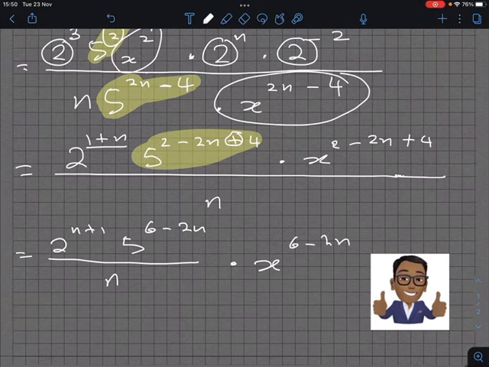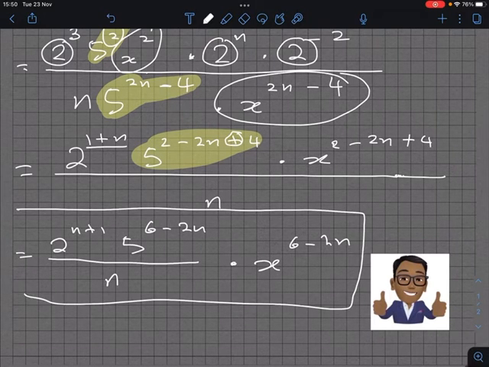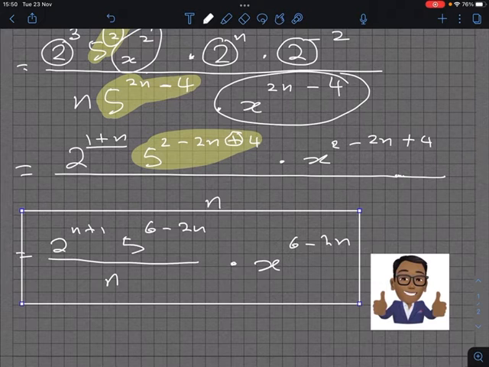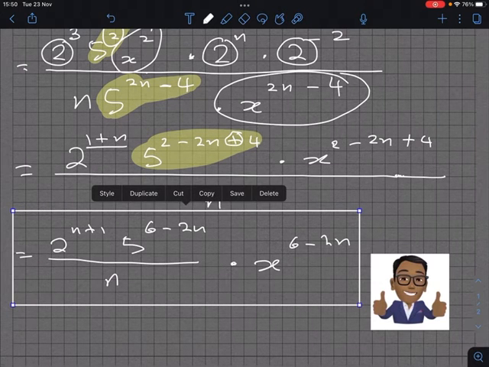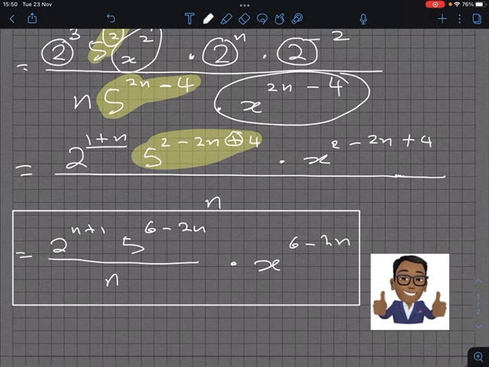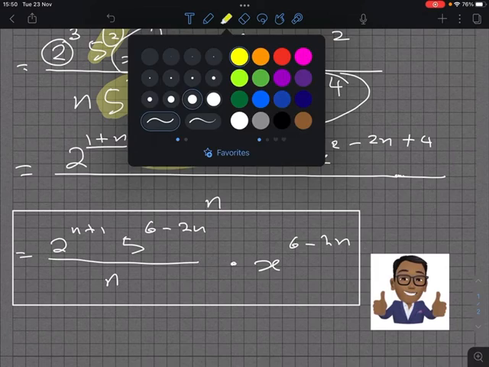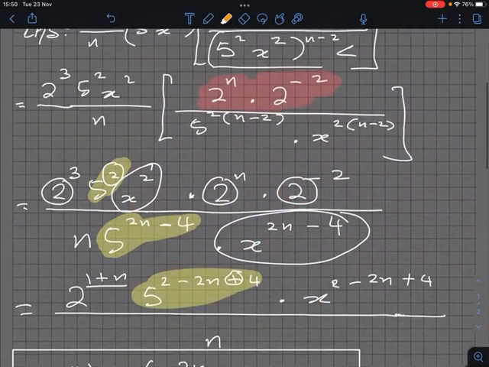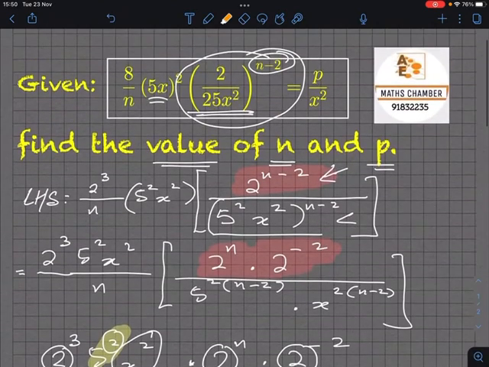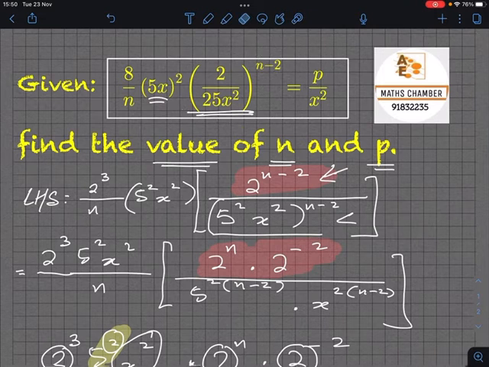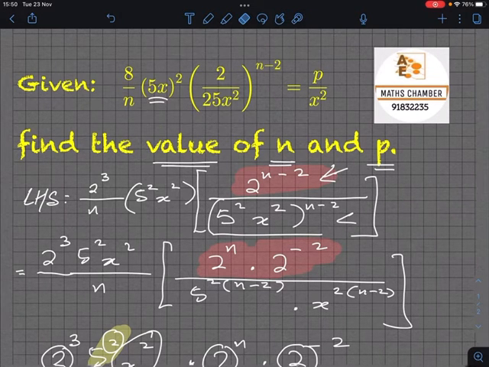I split them up. Why in the world did I split them into this portion, right? A lot of students were confused the other day when I explained them. Why do I split them? What's the need? You see, our question says, let me just erase this one first, our question says it is equal to p over x squared, right?